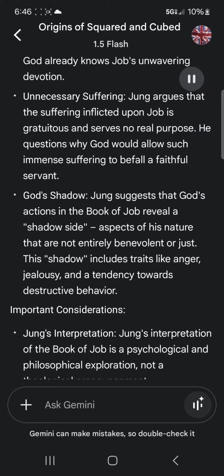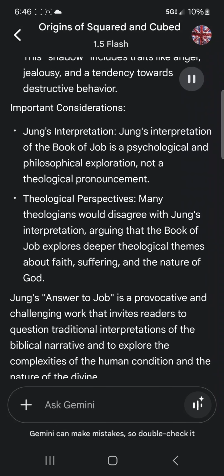God's shadow. Jung suggests that God's actions in the Book of Job reveal a shadow side, aspects of his nature that are not entirely benevolent or just. This shadow includes traits like anger, jealousy, and a tendency towards destructive behavior. Important considerations. Jung's interpretation of the Book of Job is a psychological and philosophical exploration, not a theological pronouncement. Theological perspectives.